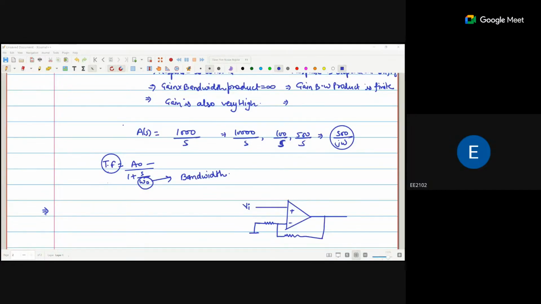Previously we assumed that the positive terminal voltage is equal to the negative terminal voltage, because we took the op-amp as ideal. In the ideal op-amp the input resistance is high, so no current goes inside. But if my op-amp is non-ideal, then V out is the gain multiplied by the positive terminal voltage minus the negative terminal voltage.